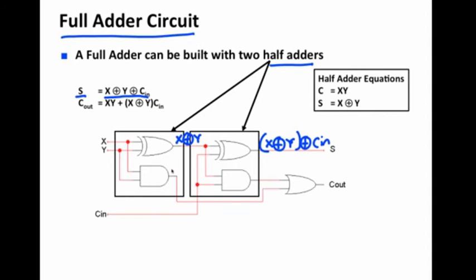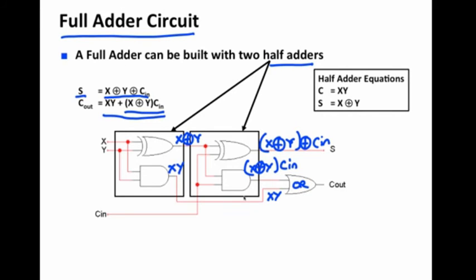And then down on this path, we have X and Y. What we're going to do is take X XOR Y and AND that with Cin. So here we have X XOR Y ANDed with Cin, which is this part of the expression. And then we're going to OR that with XY to get the whole expression.